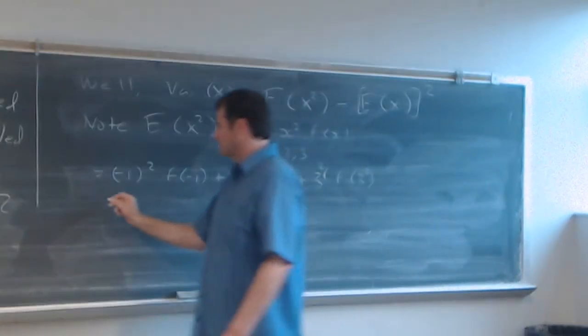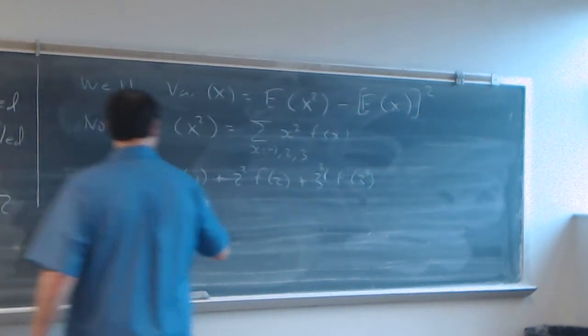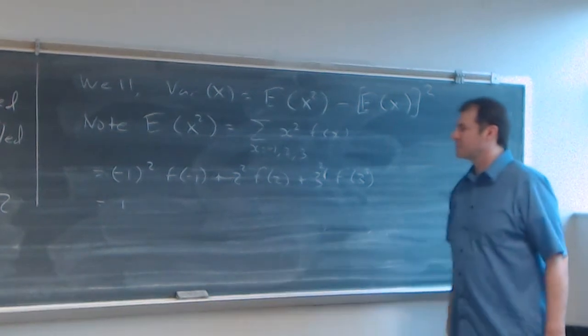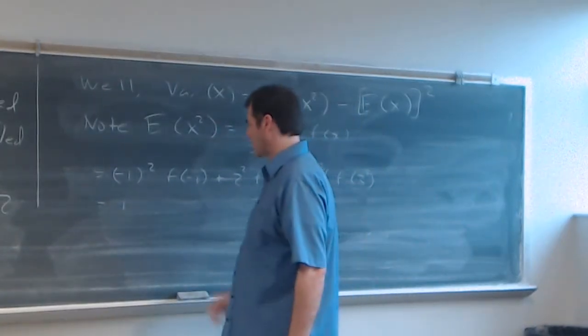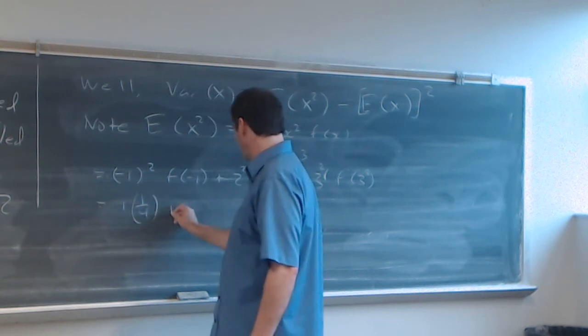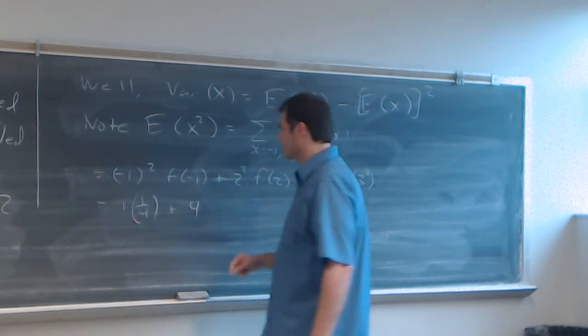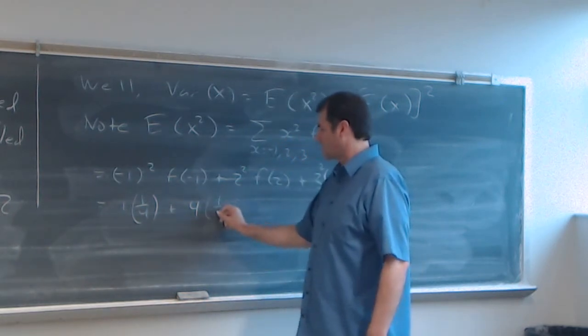All right, let's compute these numbers. So here, this is 1 times f of -1. What's f of -1? F of -1 is the probability that x is equal to -1. X is equal to -1 when we get a heart. The chance of that happening is 1 out of 4, 1/4. Plus, this is 4. F of 2 is the chance that we got a diamond. That's 1 out of 4.